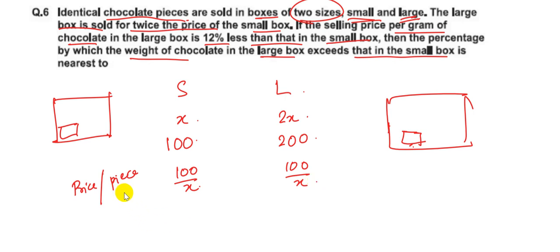Now let's say W1 is the weight of one piece and W2 is the weight of one piece in the second, in the large box. So that means the total weight of the chocolates in the first box is XW1, and this is XW2.